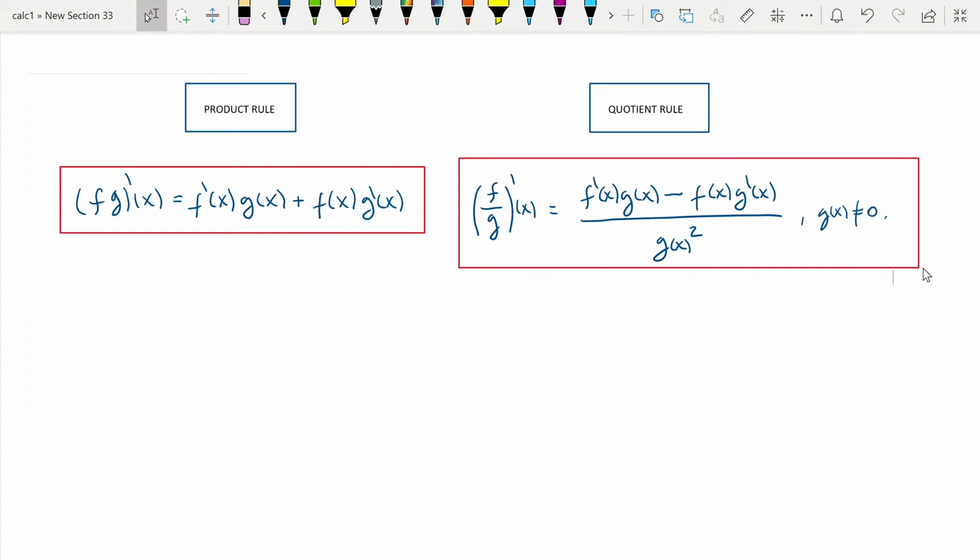And the product rule tells us that if you want to take the derivative of a product of two functions f and g, then you need to do the following here. Compute the derivative of the first function multiplied by the second one without differentiating plus the first function times the derivative of the second one.